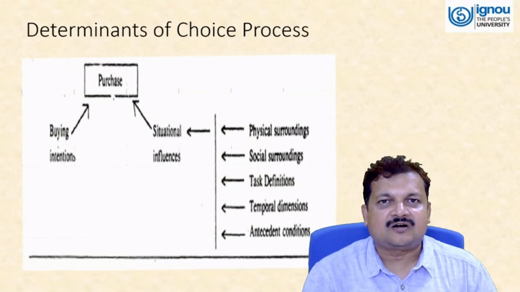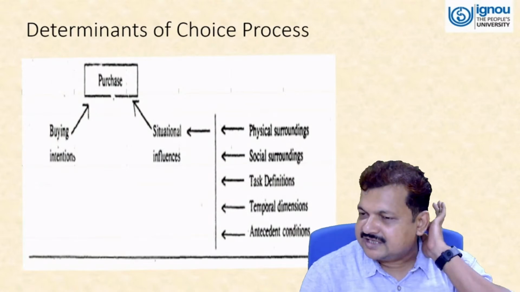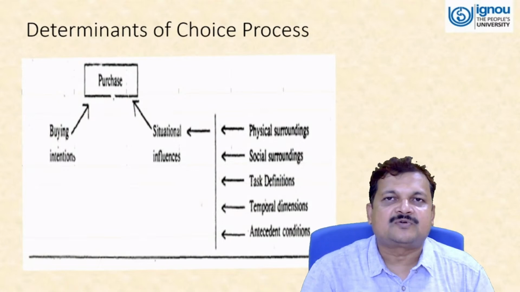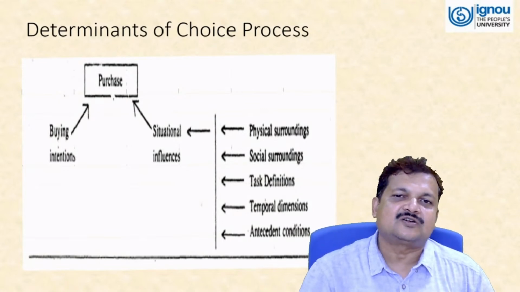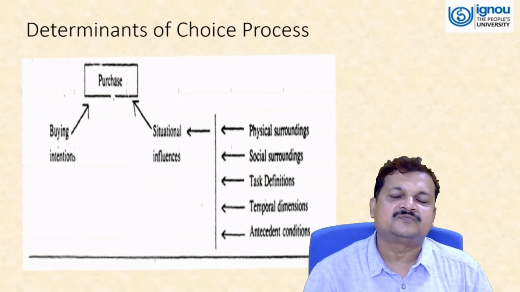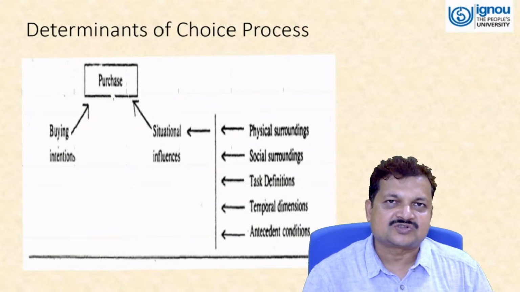Now, the determinants of the choice process. So what are the determinants of the choice process? In the purchase, two things are coming. One is your buying intention, second is situational influence. So your buying intention comes immediately after your attitude is positive. Buying intention has two factors. One factor is whether you are financially sound, or you want to take finance from third party sources.